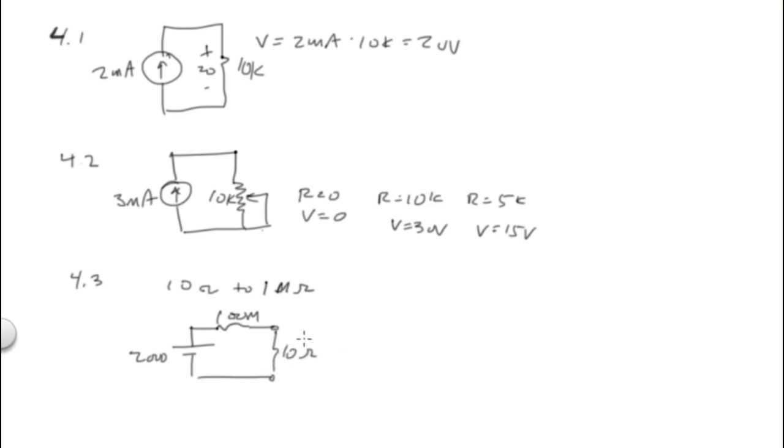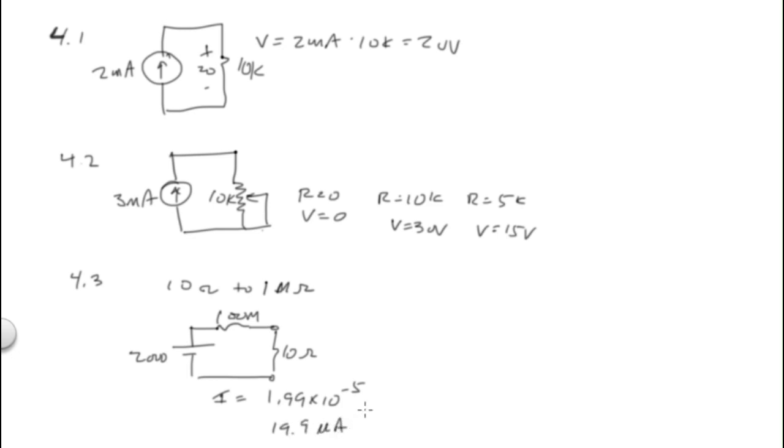The current is, excuse me, 2,000 volts divided by 100 meg plus 10 ohms, and that equals I equal to 1.99 times 10 to the minus fifth, or 19.9 microamps.